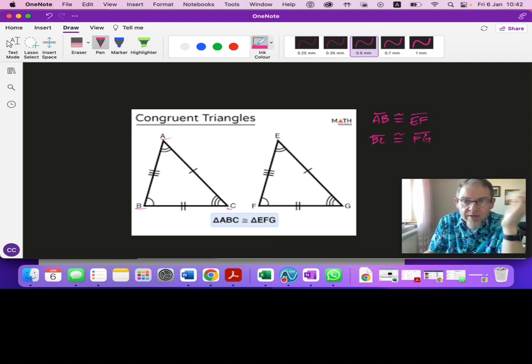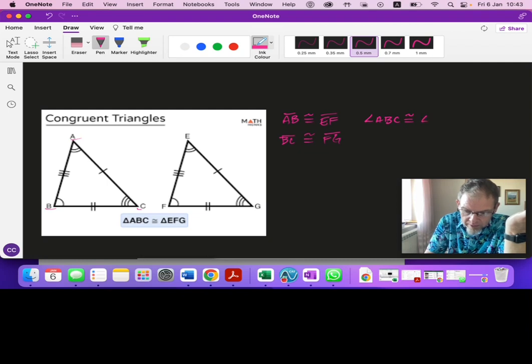And I think you get the idea. All of those sides are exactly the same and all the angles are the same, because you'll notice that angle ABC is the exact same as angle EFG. That's one way of writing angles, by the way.